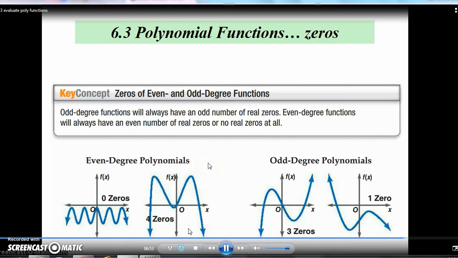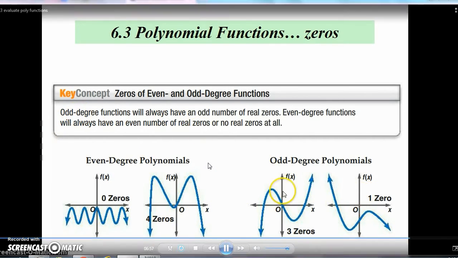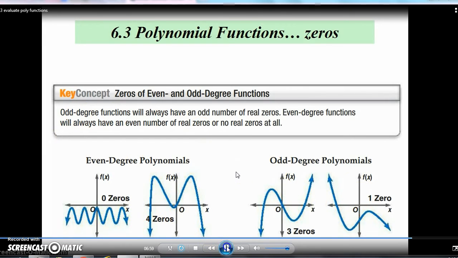The most number of zeros that you can have depends on your degree. If you have an odd power, so third degree, fifth degree, you can have an odd number of zeros. You will always have at least one because it's going to cross the x-axis because it's pointing in different directions.